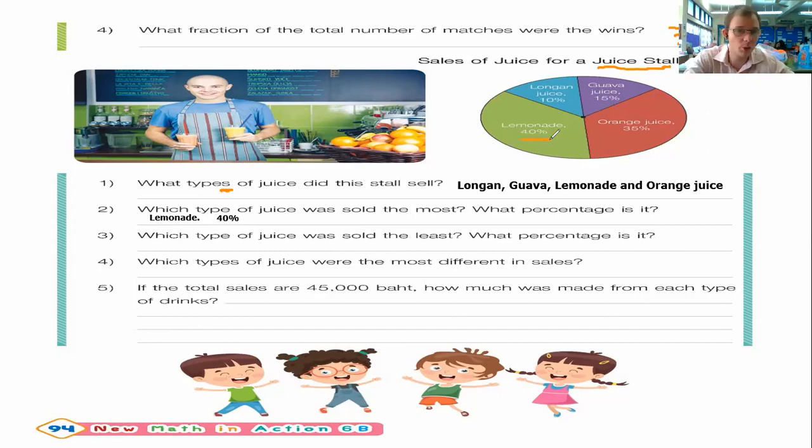3 more to go. Which type of juice was sold the least? What percentage is that? Least meaning the lowest amount. So which juice sold the least, or the lowest amount?